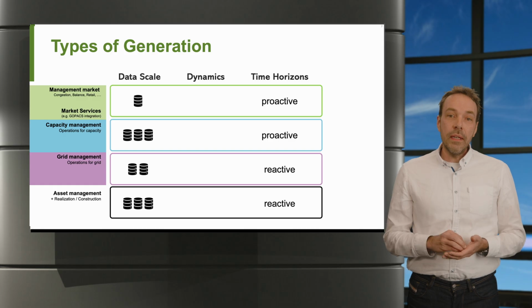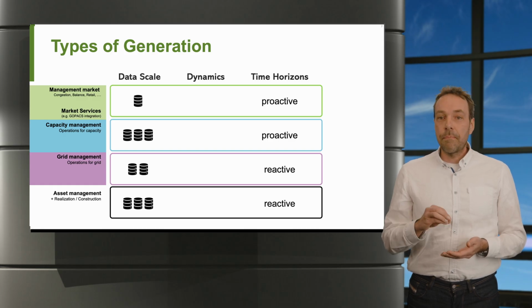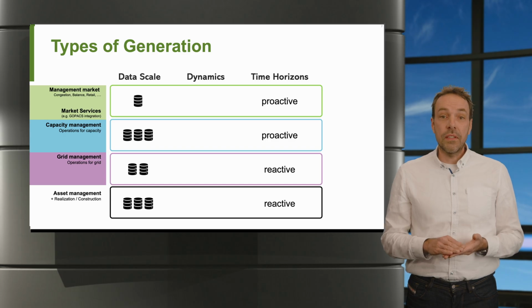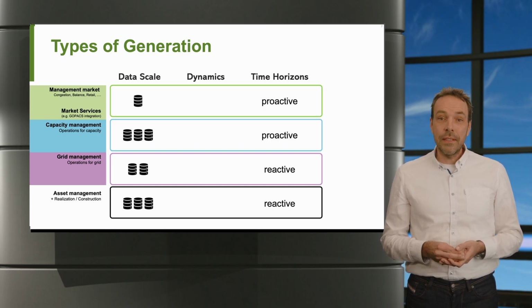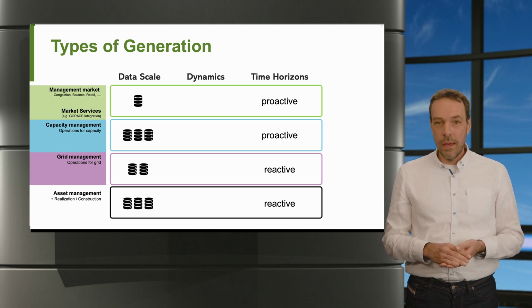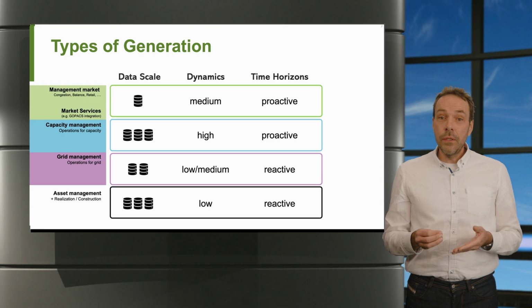Now, the key point I want to stress is capacity management. Its data scale is huge because it combines grid management, all connection point specifics, market data, contracts, status, states of the smart metering and external measurements, and even weather data. And the dynamics are huge.